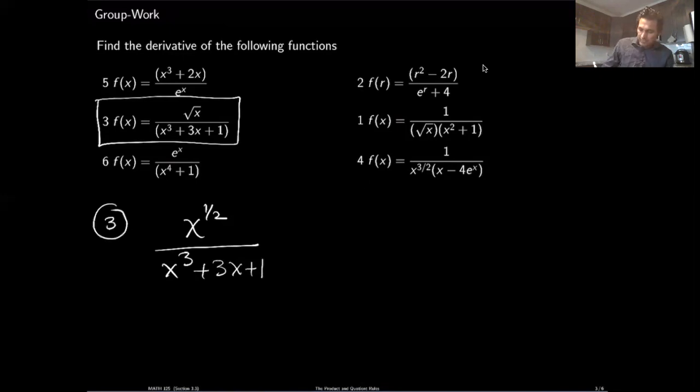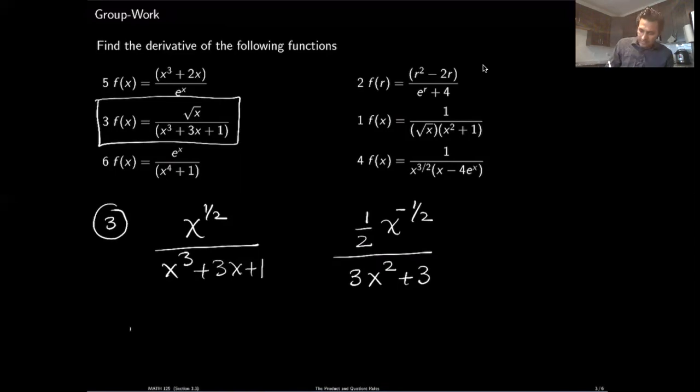I will take the derivative of the top function first, which is going to be 1/2 x to the power minus 1/2. And then I will take the derivative of the bottom function, which is 3x squared plus 3, plus the derivative of 1, which is 0, so I will not write it down.